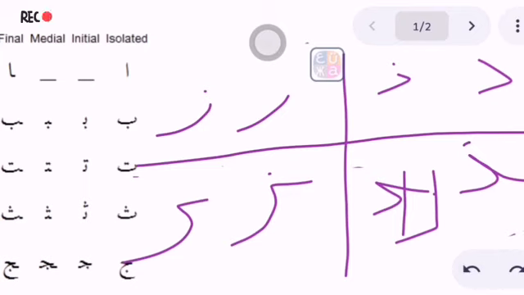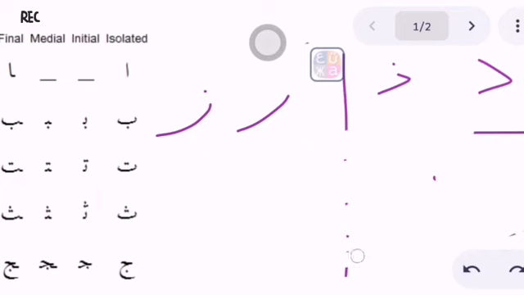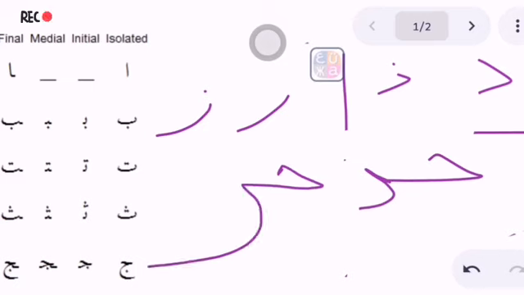Beautiful. Now let's look at an exercise, or let's take an example. Maybe we were given a word like this, to identify.